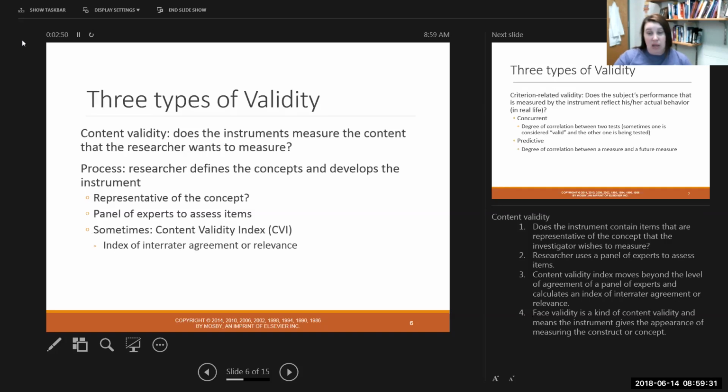And you could use content validity indexing, which moves beyond a level of agreement within your panel of experts, and actually calculates an index of inter-rater reliability or agreement. And then there's face validity, which is a type of content validity, which means that the instrument gives the appearance of measuring the correct concept.